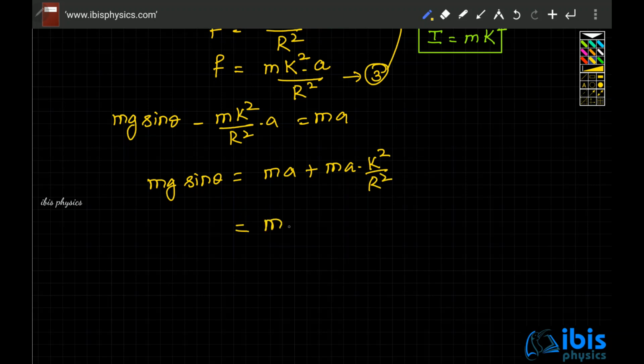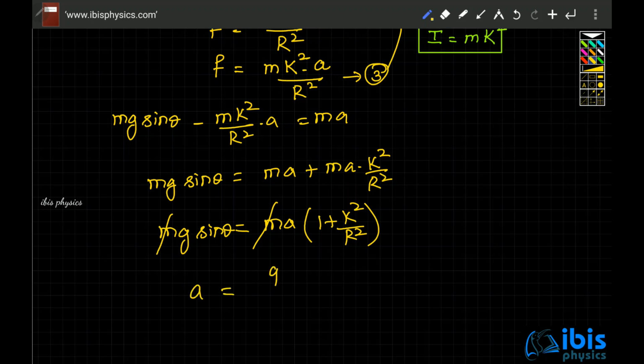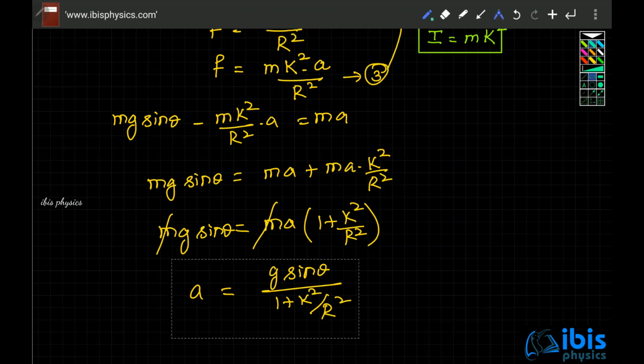Take ma out, so we get 1 plus k square by r square, which is mg sine theta. m and m will be cancelled, so a will be g sine theta by 1 plus k square by r square. So the acceleration of an object down an inclined plane will be g sine theta by 1 plus k square by r square.